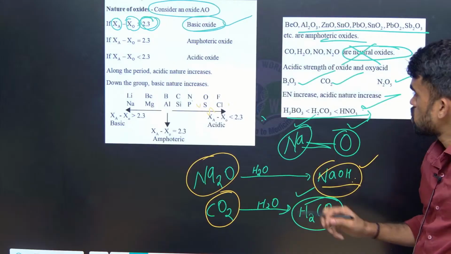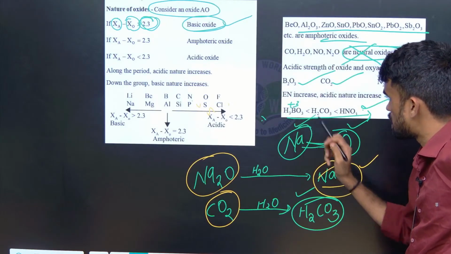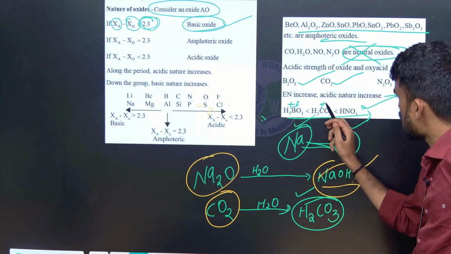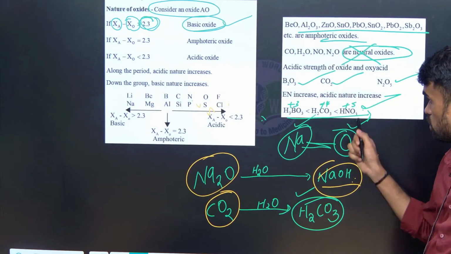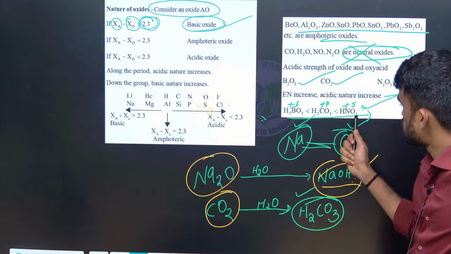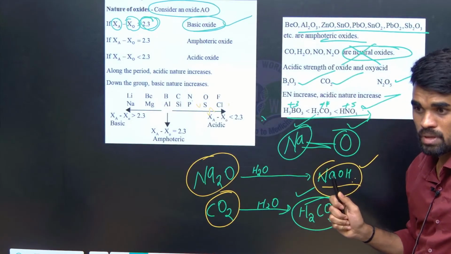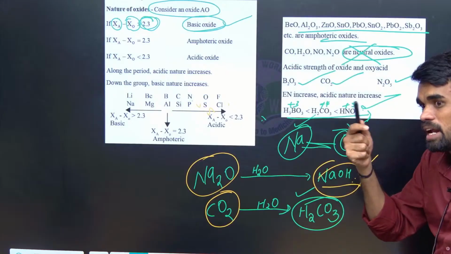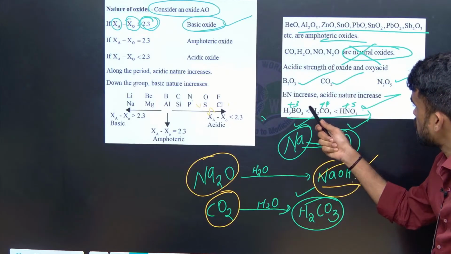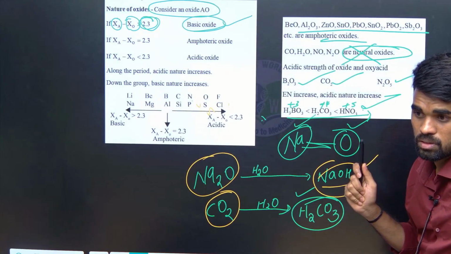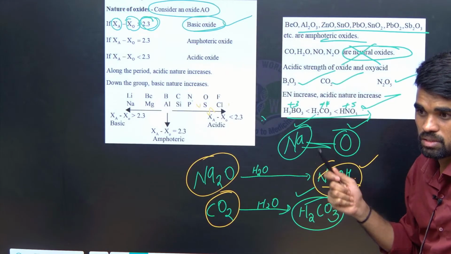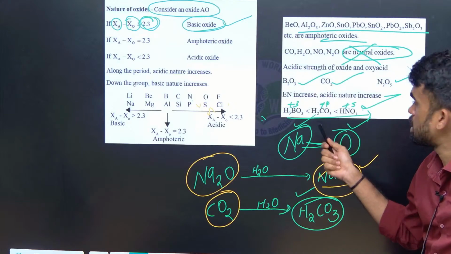Just find the oxidation state: +3 for boron, +4 for carbon, +5 for nitrogen. Nitrogen is more electronegative than carbon and boron, and has the highest oxidation state. All of them are in their maximum oxidation state, but which has the highest number? So nitric acid is more acidic than the remaining two.